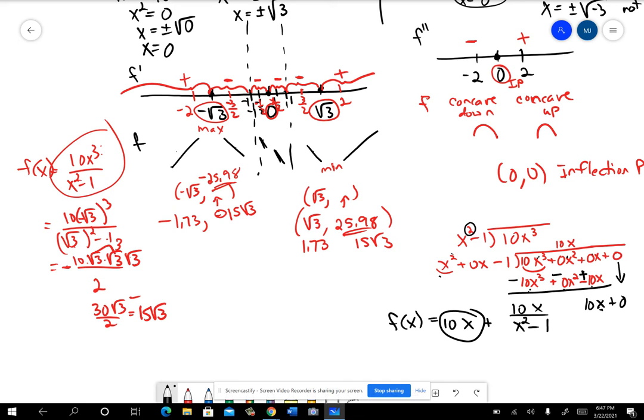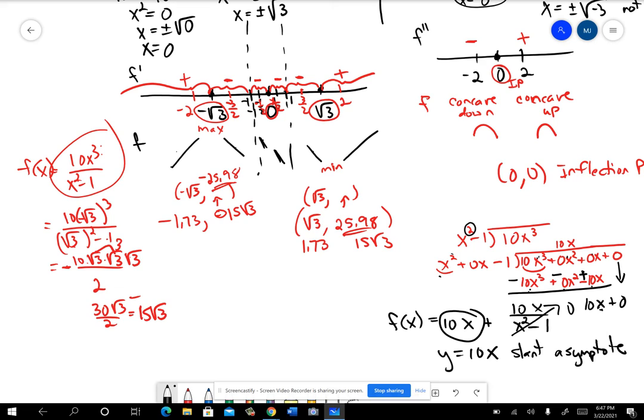This is really f of x. So if we looked at the limit of that as x goes to infinity, then this part would go to 0, and we would just get y equals 10x. Okay, so it's a slant asymptote right there.